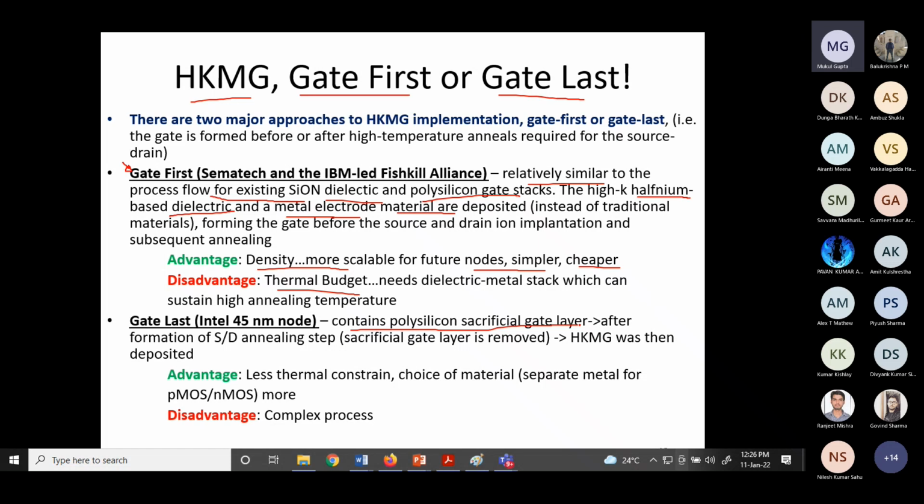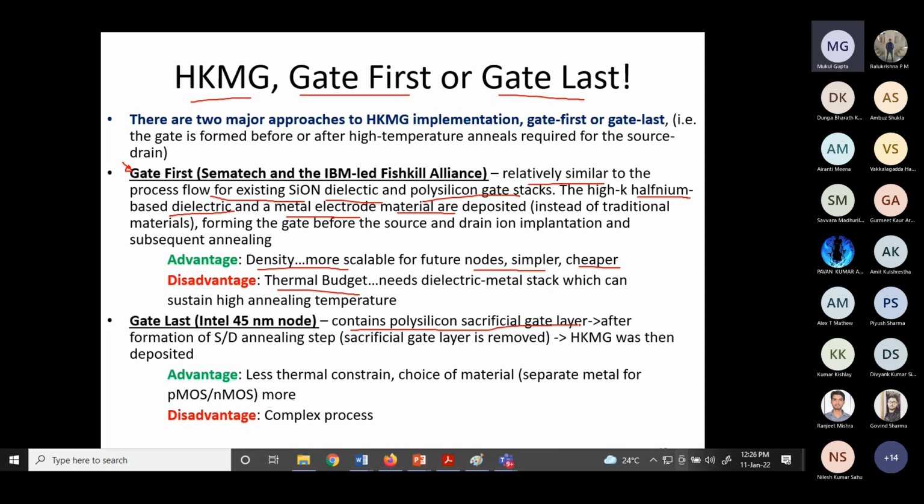Now they deposit metal. So that way it is like gate last approach, because the metal you are depositing at the end. That metal might have a lower thermal budget. That's not a problem, right?